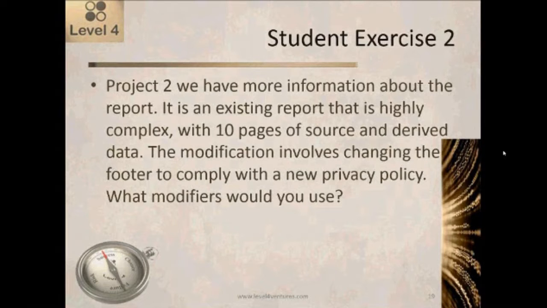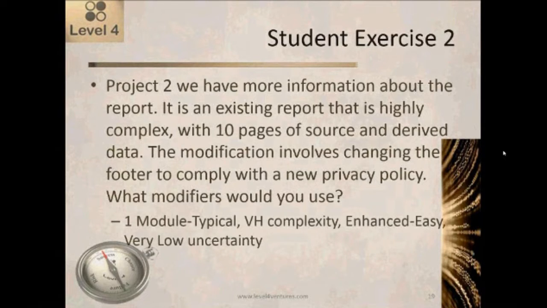Okay, let's take a look at what I've got here. So I've still got one module, typical, that hasn't changed. High or very high, it says highly complex, but for me, a report that has 10 pages of source and derived data, I'd probably move it into the very high, but that's a judgment call.